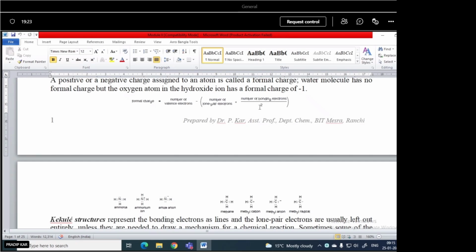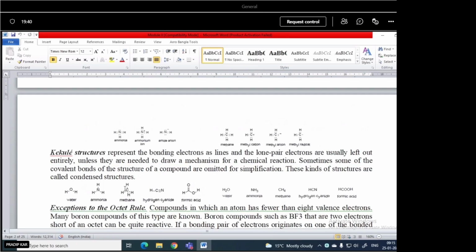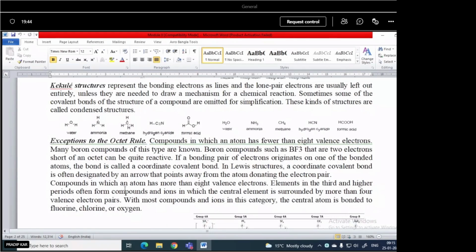So 5 minus 0 minus 4 is 1. So the formal charge on nitrogen is plus 1. Is it clear? This way you can calculate the charge on the ions.